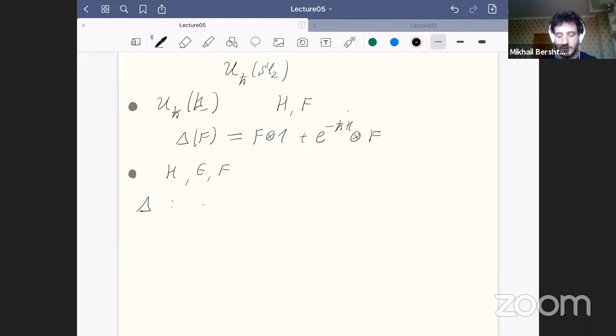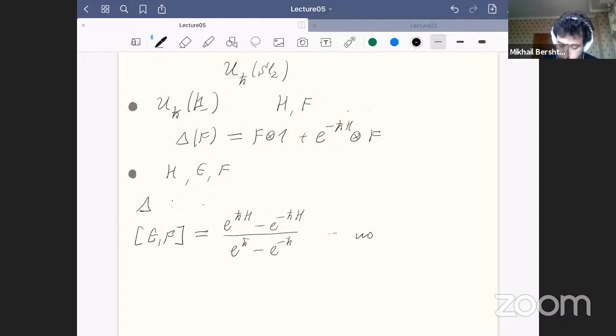So we already defined coproduct on them, but we didn't define the bracket between E and F. And a straightforward computation shows that this answer works and is essentially more or less unique.